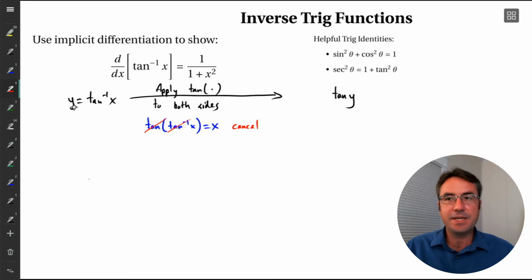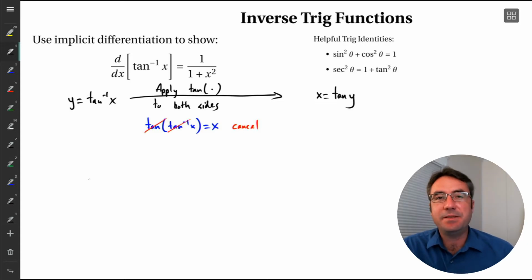So when we apply the tangent function to both sides, we get tangent y on one side, and tan of inverse tan of x on the other side, but those just cancel and we're left with just an x. So we'll write it as x equal to tangent y. And that's just the definition of what it means to be the inverse tan function.